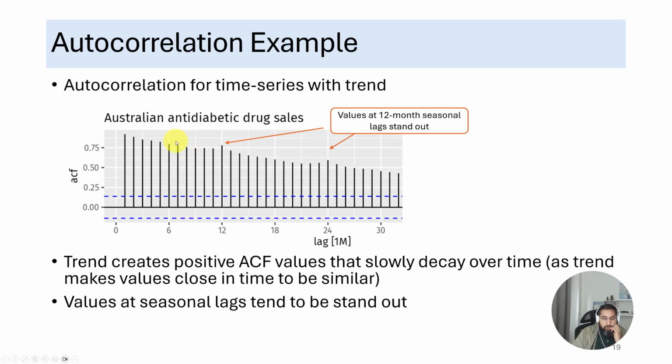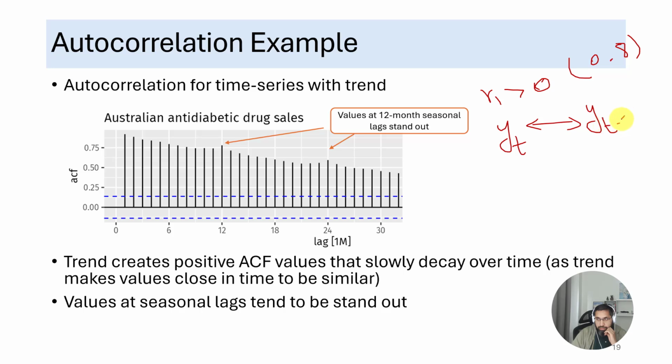Okay. Now, if there is a lag at 1, if R1 is positive, let's say R1 is positive 0.8, R2 is going to be slightly less than positive as well. Why is that? Think about it this way. So R1, let's say it's bigger than 0. For example, this could be 0.8. That means that YT is related to YT minus 1, right?